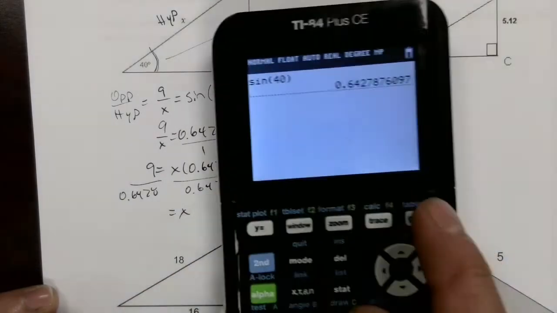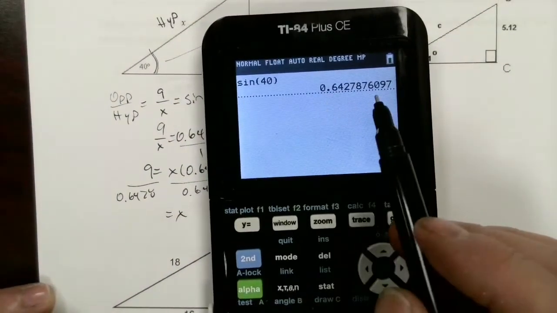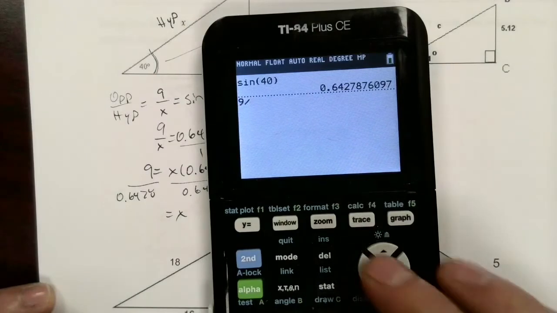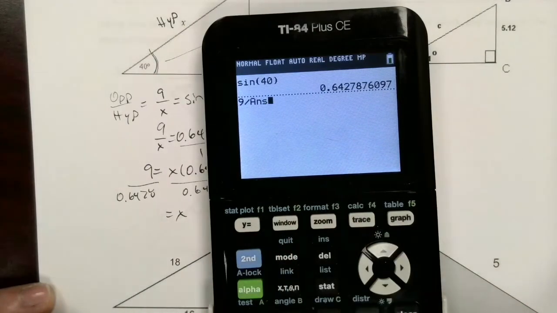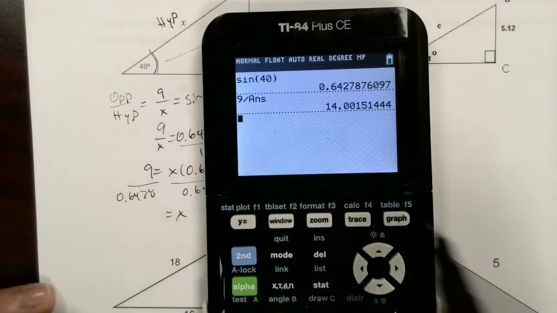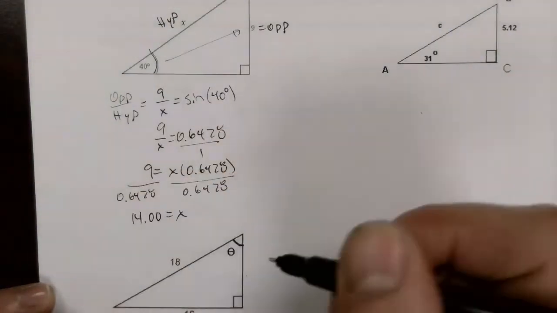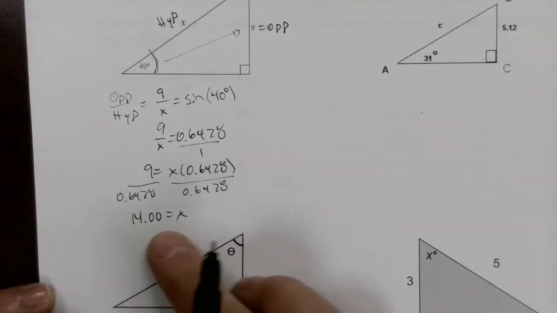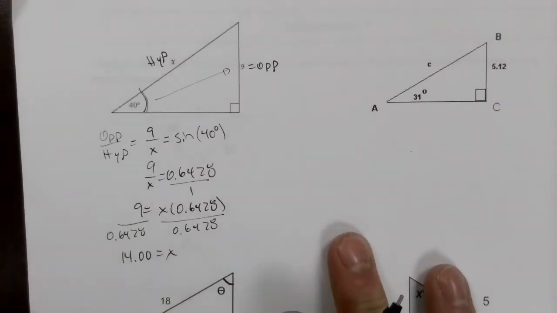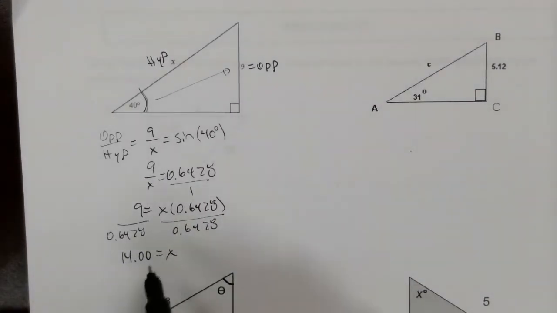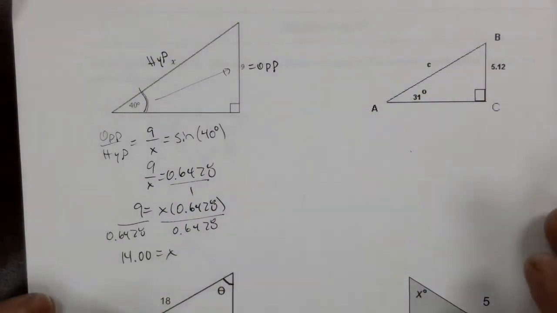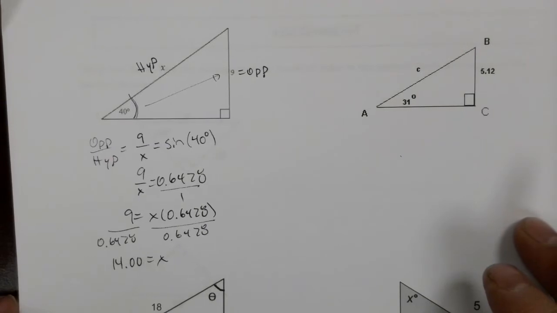But I'm going to use the full decimal here. So I'm going to say 9 divided by the answer that I just came up with. And I get a nice 14.00. So there's my value for the hypotenuse. And the fact that that's larger than the leg here is reassuring, because I know that the hypotenuse should be the largest side.